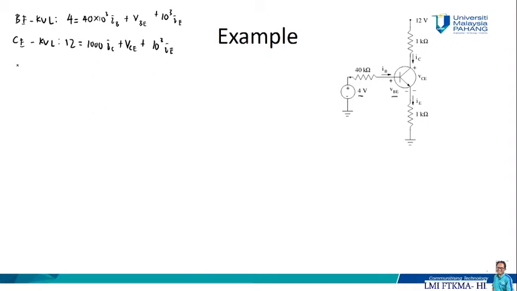So we are going to assume that the BJT is in cutoff, and we are going to check whether it is true or not.